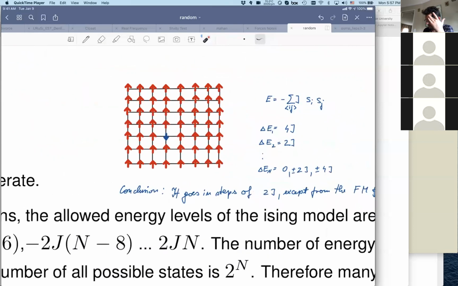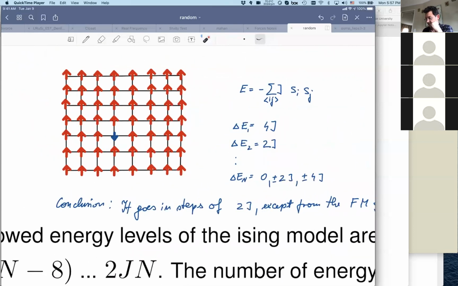We just need to look at our configuration. I'm very sorry, I'm going to switch to the ferromagnetic Ising model. So I put a minus again, like we had before, minus J S_i S_j.